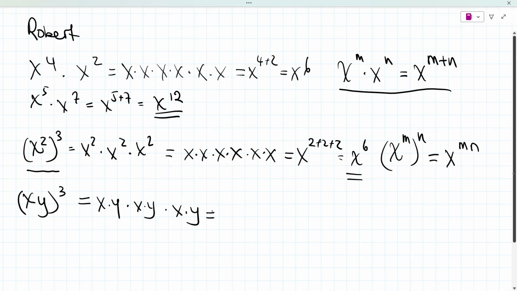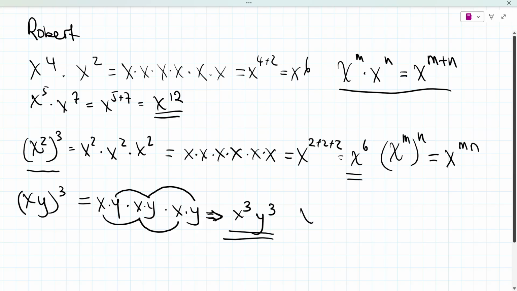Now this will equal, we look at like terms, x multiplied by x multiplied by x will give us x to the power 3. Remember, if a number is just written out with a power of 1, we don't write the 1 there. So now next is y multiplied by y multiplied by y will give us y to the power 3. And that is our final answer.